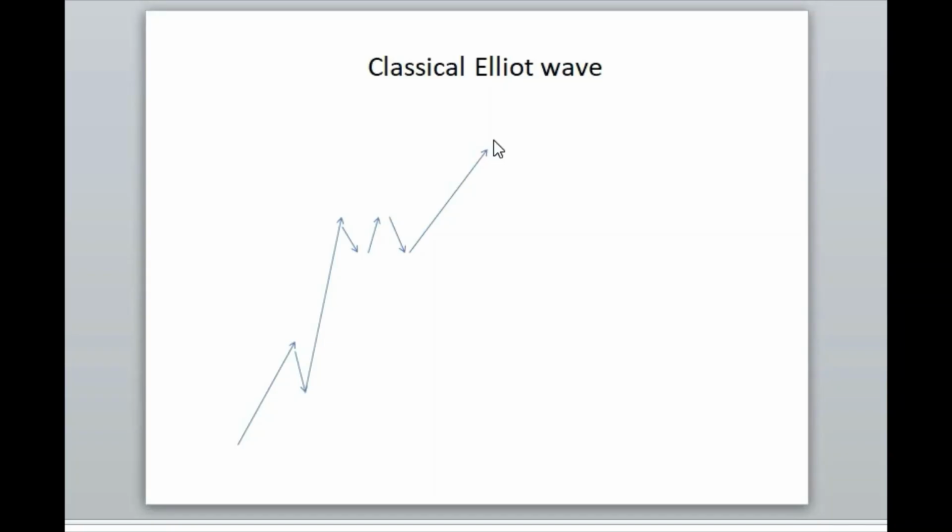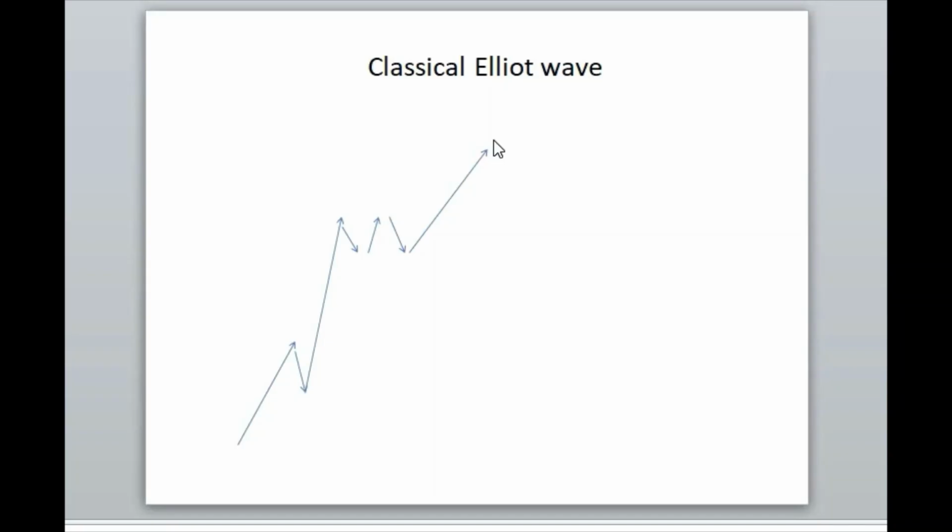The size of the fifth wave depends on the size of the third wave. If the third wave has a size like the first wave, the fifth wave will be a long one, by size and duration. Usually its size is the sum of the first and third wave sizes.